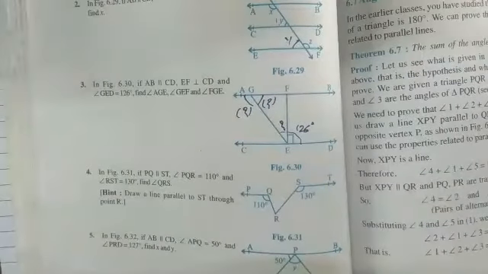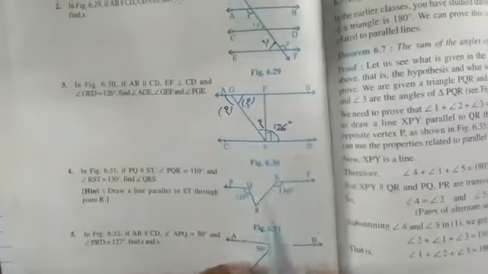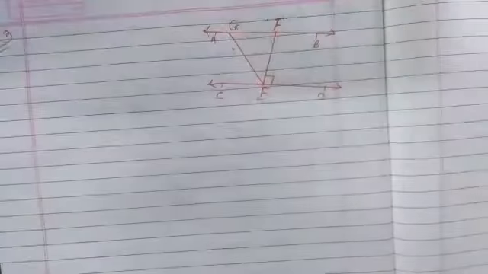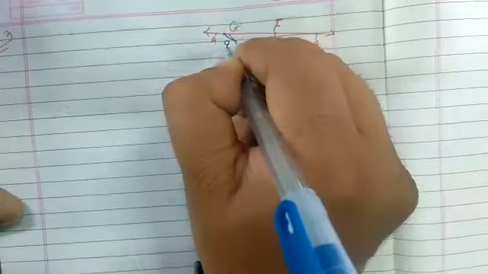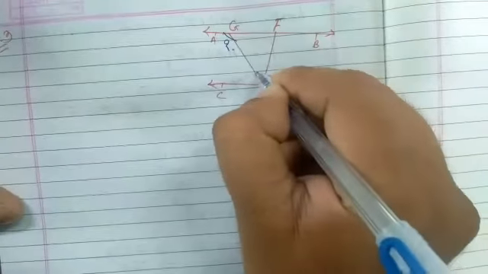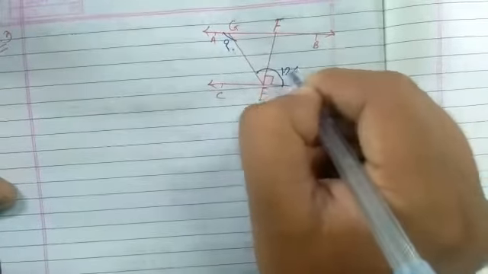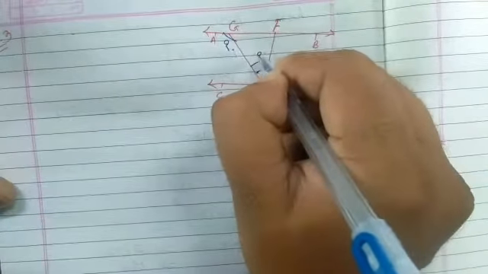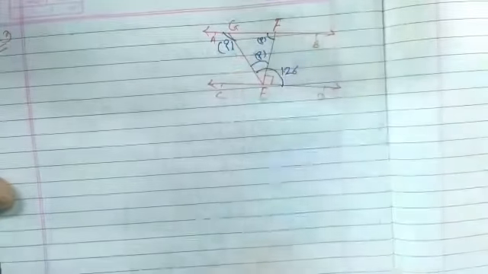So let's start the solution. I already drew the figure of this question. Here we need to find out this one. This one is given as 126. We need to find out this one and this one.